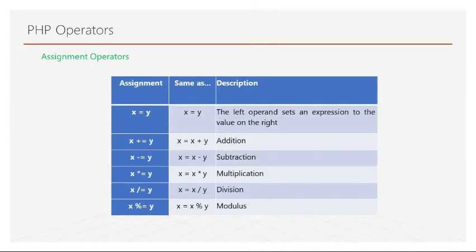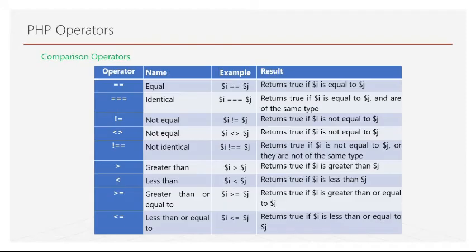PHP assignment operators. The assignment operators in PHP are used with numeric values to assign variable with a value. In PHP, the assignment operator is equals, which means that the value at the right-hand side of the expression gets set to an operand at the left-hand side. PHP comparison operators.